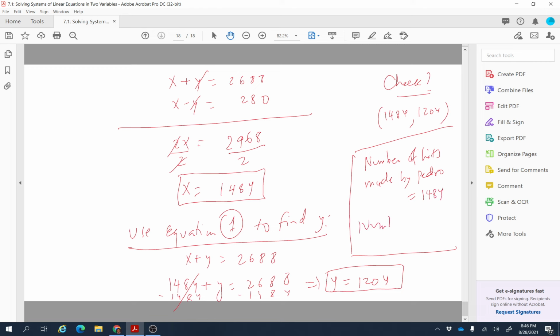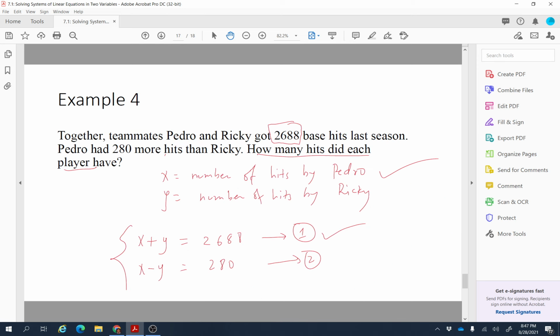Similarly, the number of hits made by Ricky is 1204. The difference, you can see, is 280. That's how we solve this word problem, and we use the system of equations solving technique to solve the word problem.